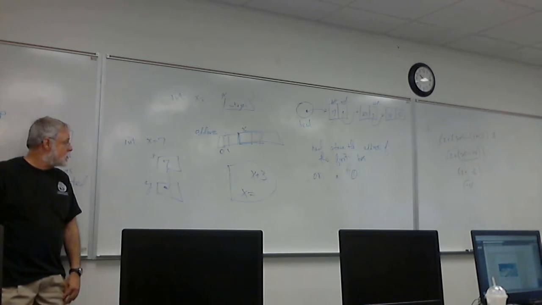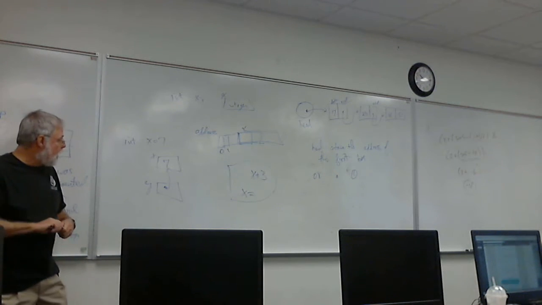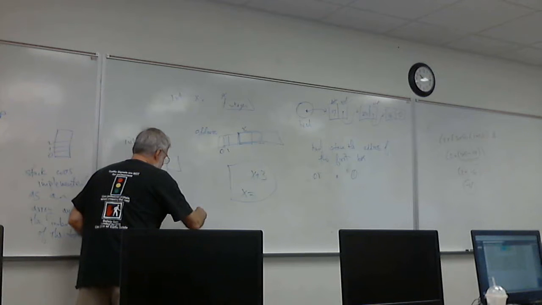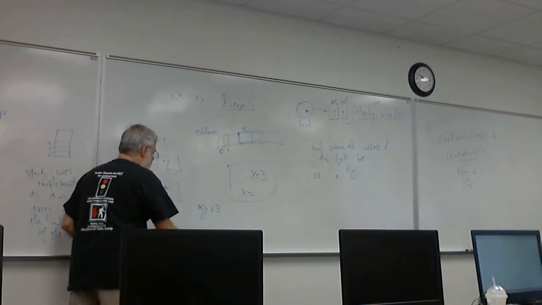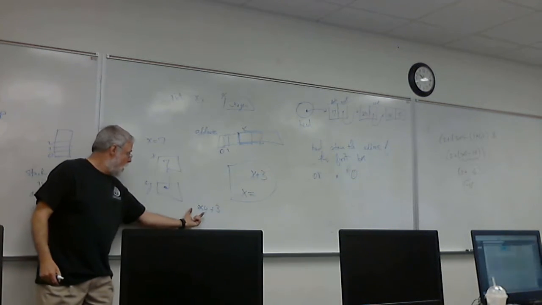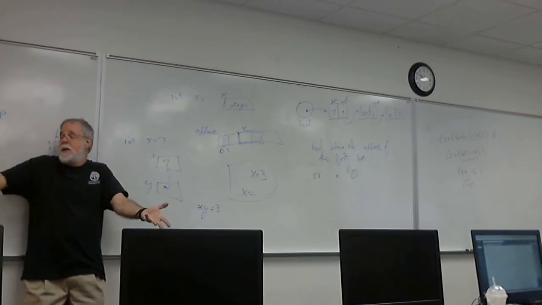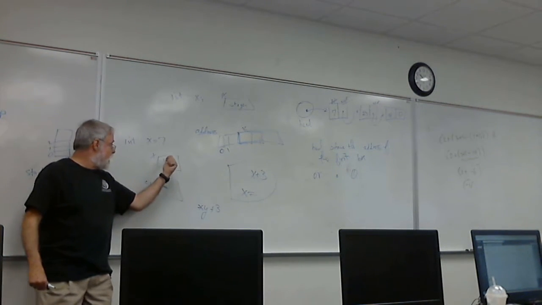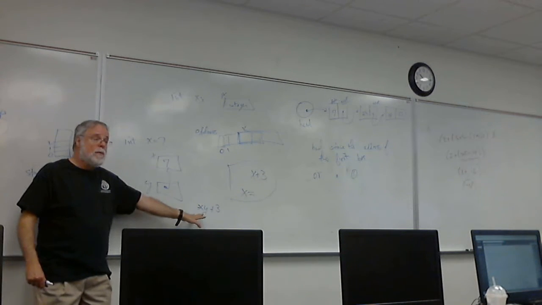Y refers to x. So if I say asterisk y plus 3, the asterisk is the dereference operation. Asterisk y is exactly as good as an x. It means x. So if y happens to have the address of x, asterisk y is x.